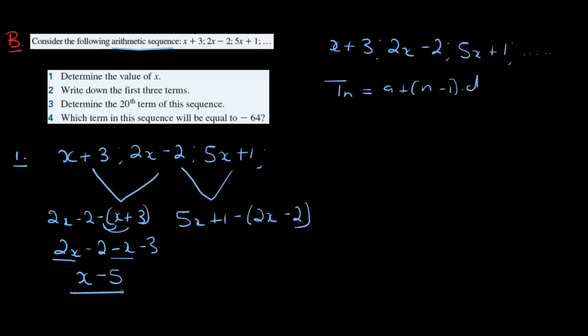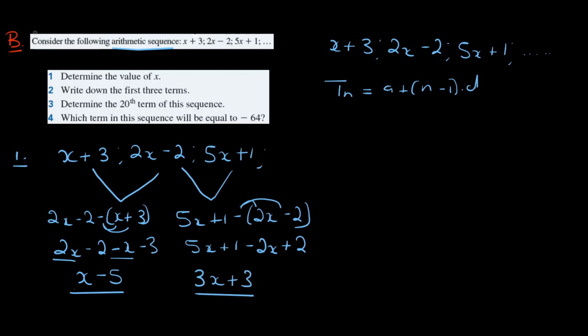So that will be a common difference. And we simplify this as well, 5x plus 1 multiplied by the negative, we have negative 2x plus 2. Then 5x minus 2x is nothing more than 3x, and then 1 plus 2 is 3.